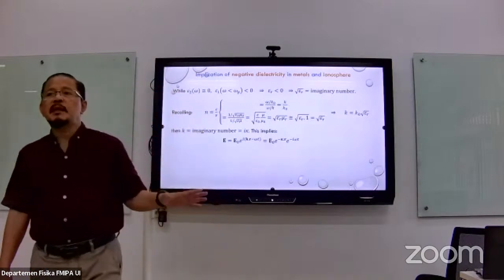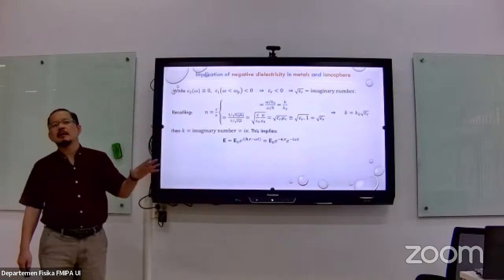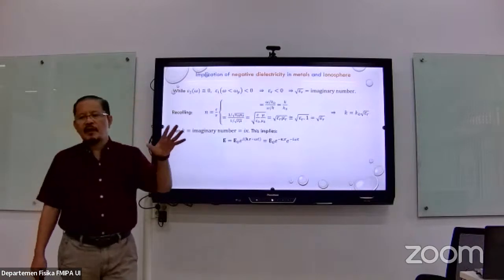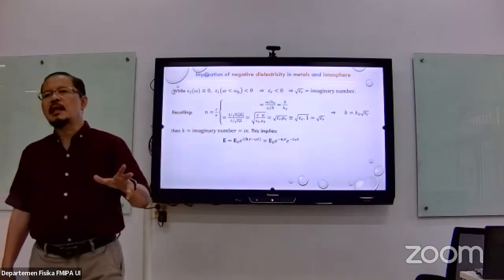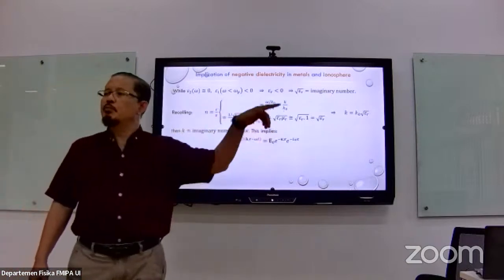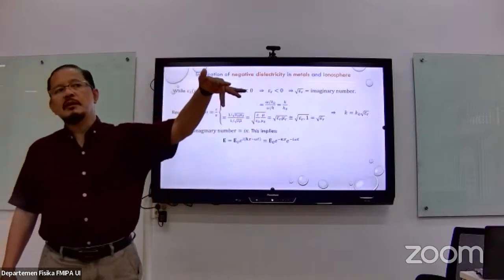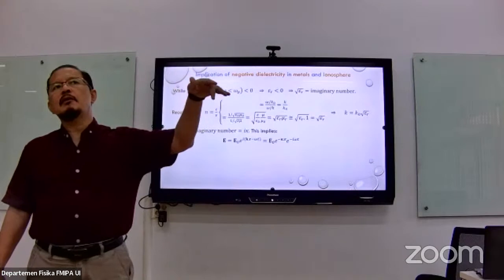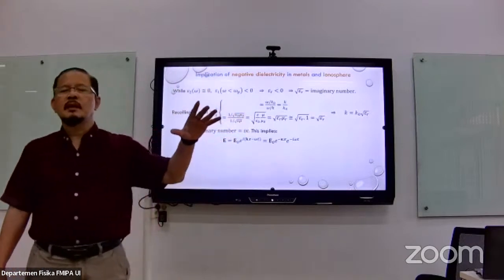But typically, most metals have the value of electron concentration and other quantities such that the typical omega p value of most natural metals falls around a few electron volts.